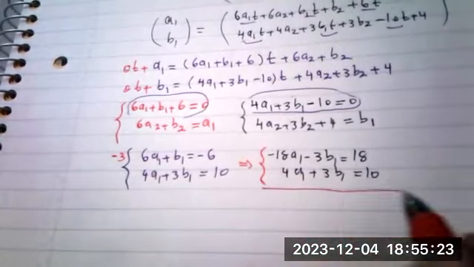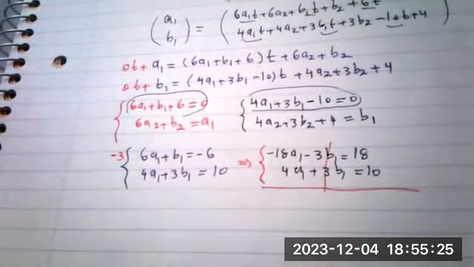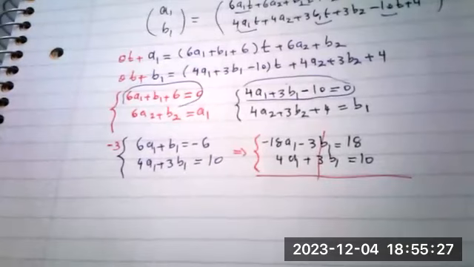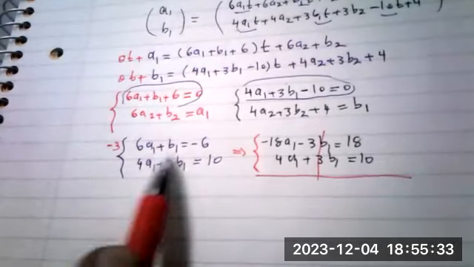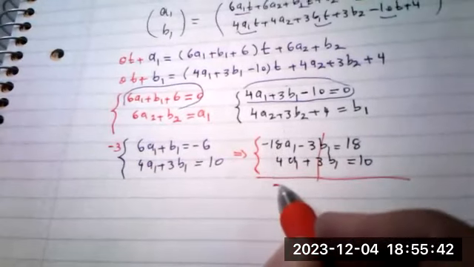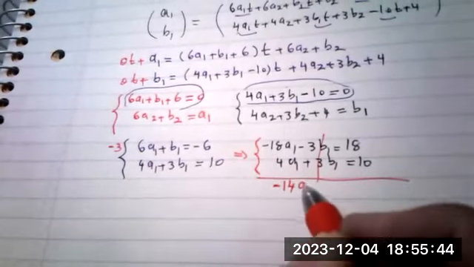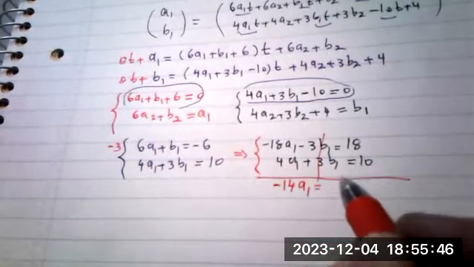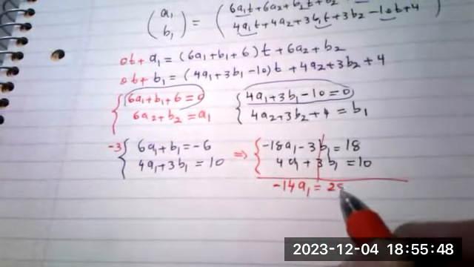So that would enable us to eliminate the B's. So what is going to be the result? That gives you -14A1 equal to 28.